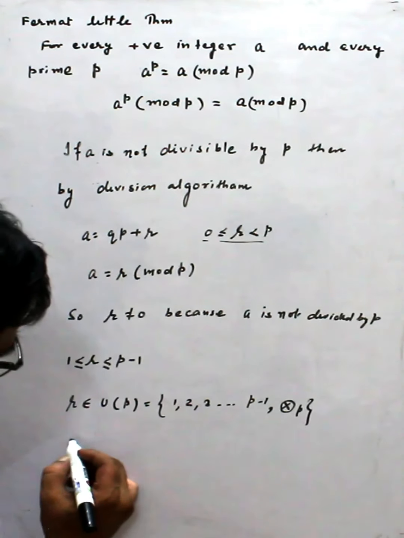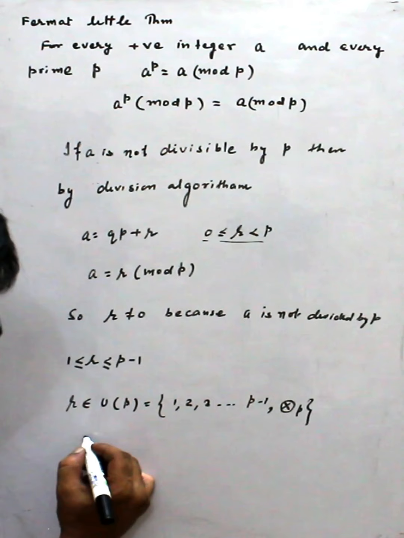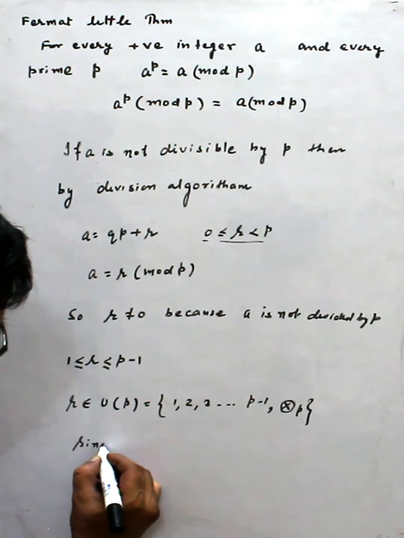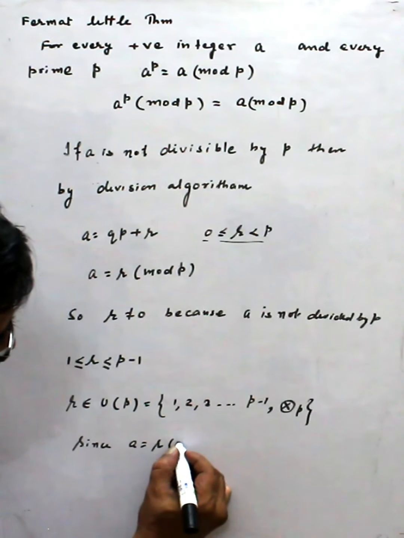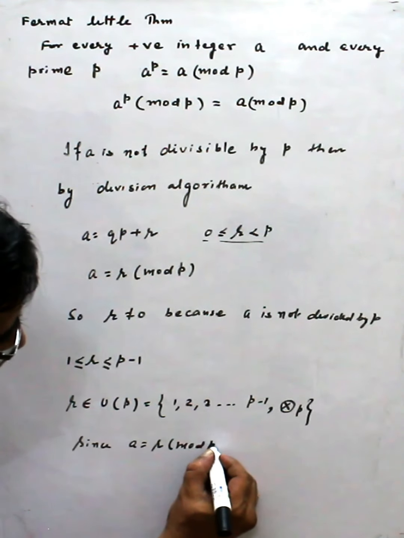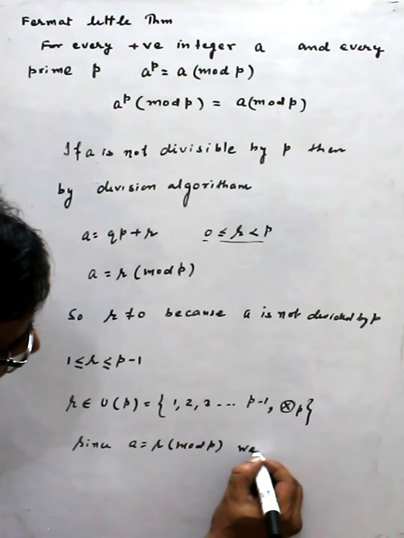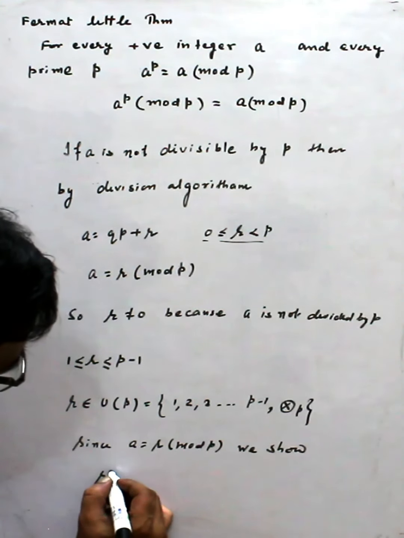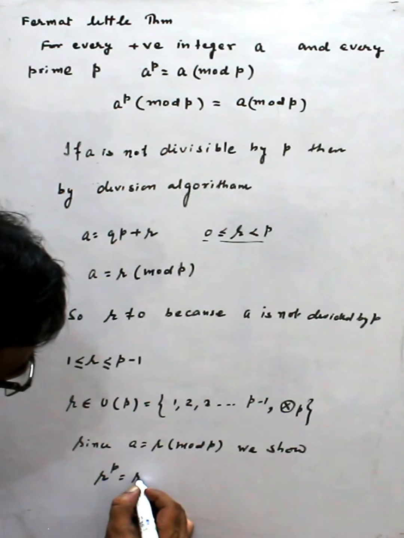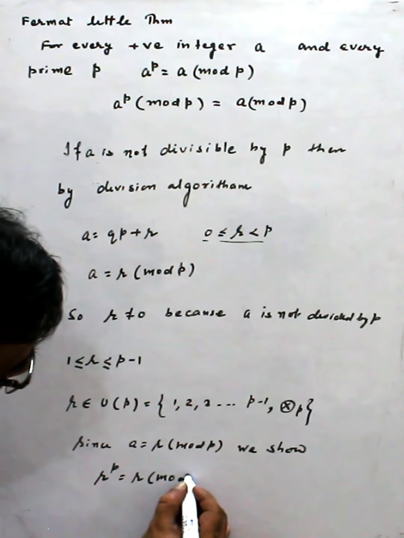So this is a group, and by the corollary, and also we have proved a is congruent to r. So we show, since a is congruent to r mod p, so we show r^p is equal to r mod p.